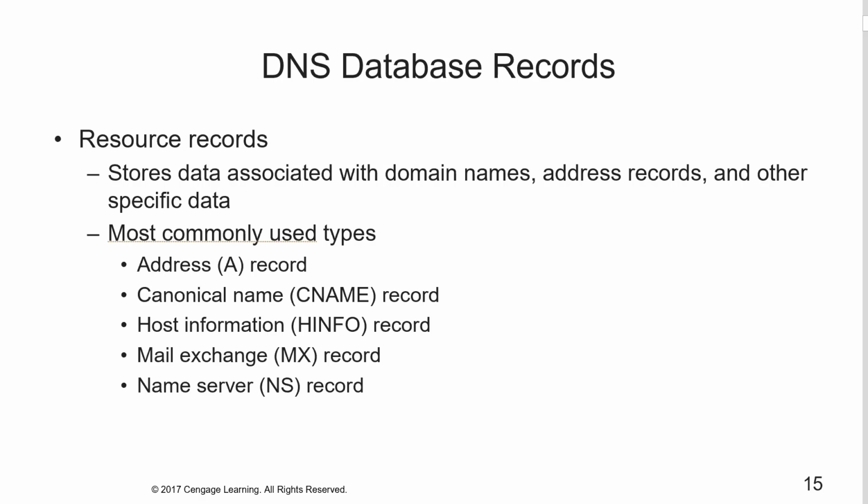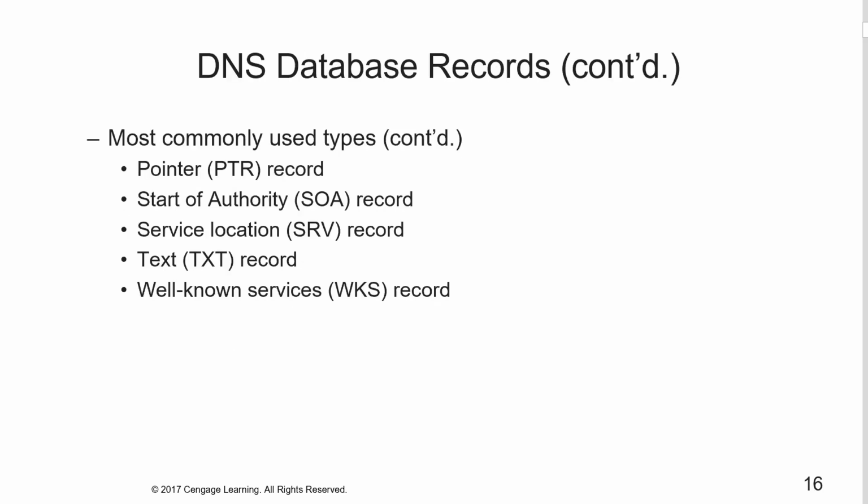Oftentimes when we're doing domain name validation, like email, for example, for SPF, Sender Policy Framework, and domain keys, DKIM, you'll use text records, which are more of an informational record on a domain. These are all records that are commonly used. Again, pointer records, start of authority, service location, well-known services.